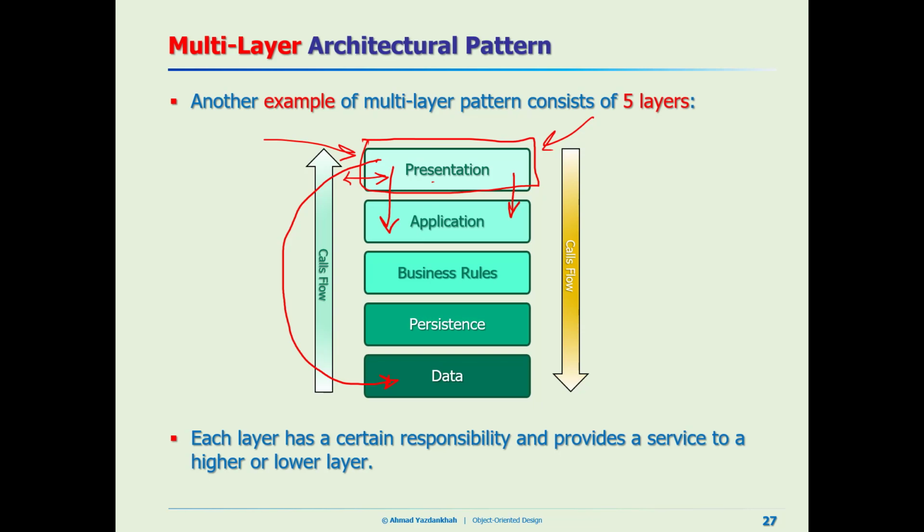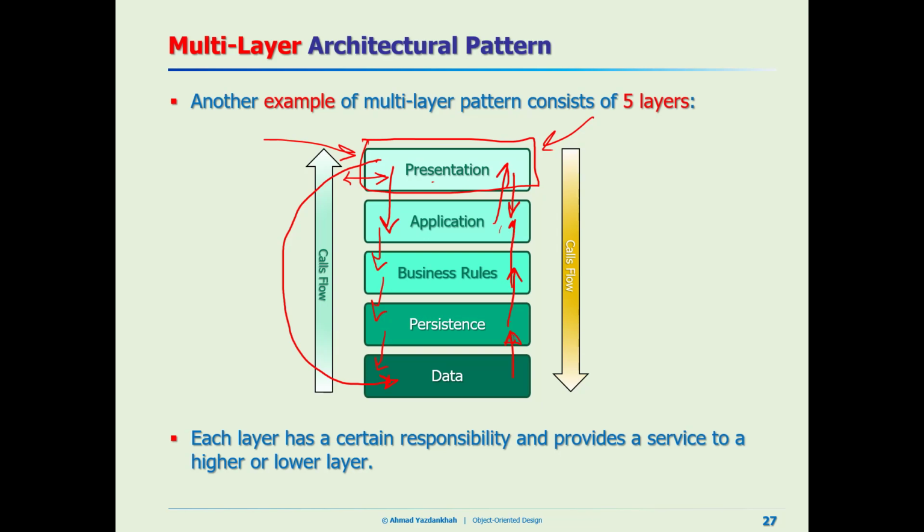All of this hierarchy should be followed exactly. The data is given by the persistence layer in this example, then it goes to the business rule, then to the application, and then to the presentation, and will be presented to the users. All right.